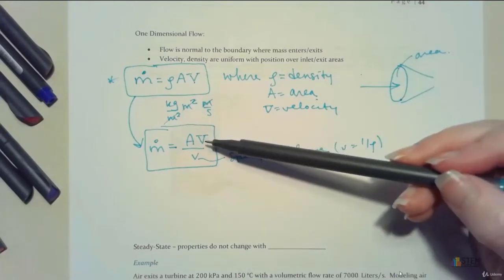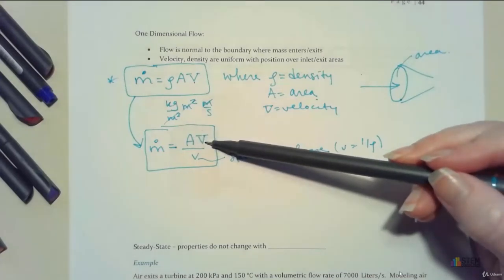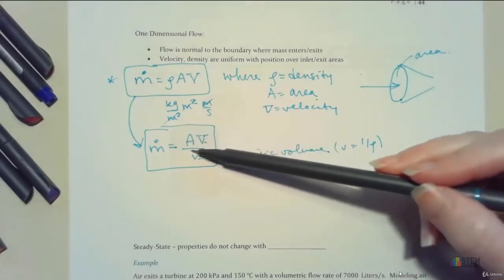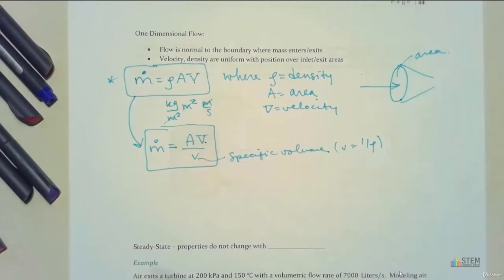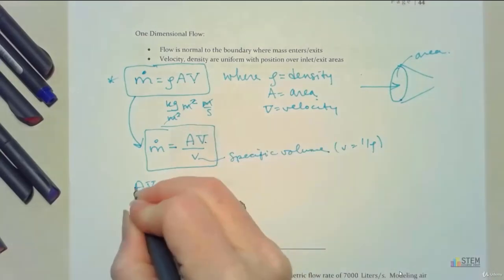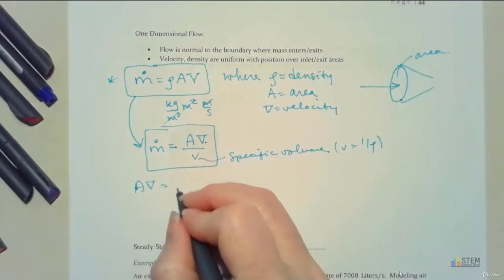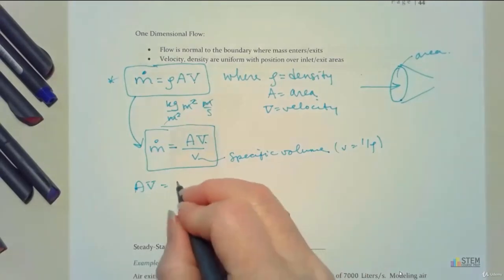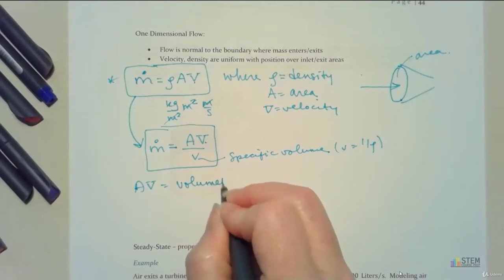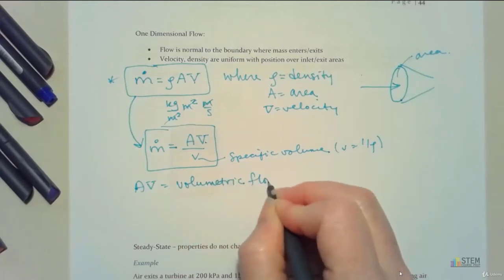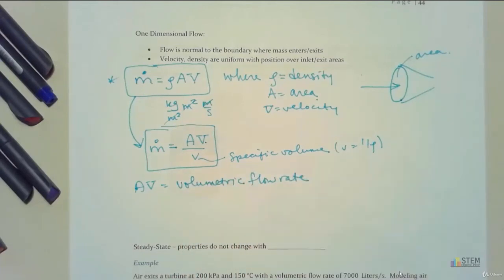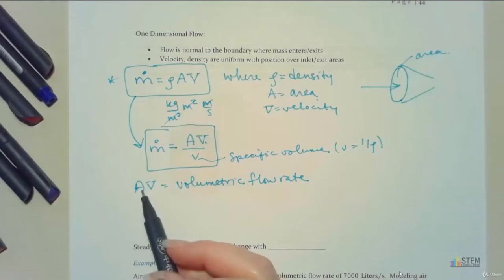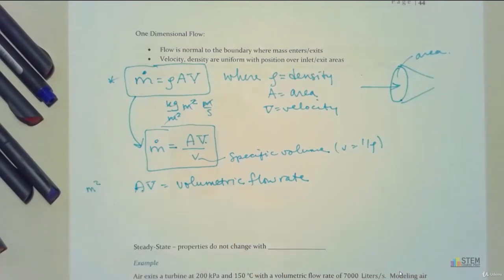Now in the top, we've got this product A times V. A times V has a term for it. Let's go over what that's called. That's going to be called the volumetric flow rate. And let's think about what the units would be here, and then you'll understand why it's called that. So if we've got A, that's square meter.